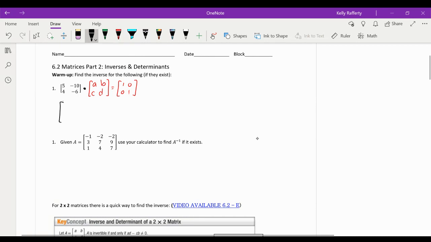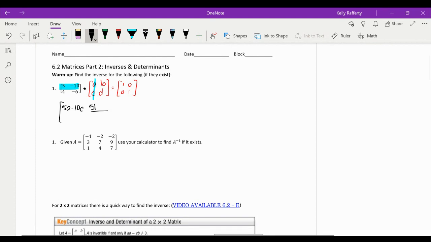I would have my first row times my first column to start off. So it would look like 5a minus 10c, right? I have 5a, really adding negative 10c for the first row, first column. For the first row, second column, I'm using the first row from this matrix and the second column from this matrix.